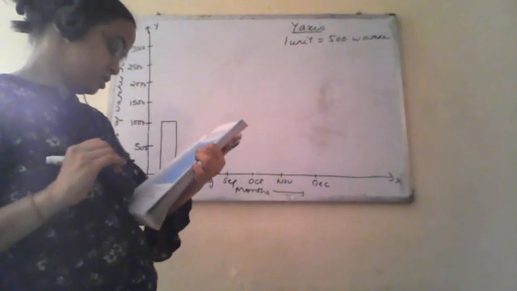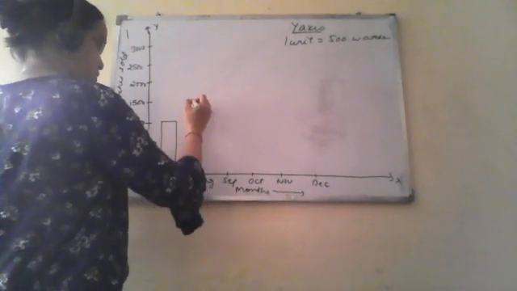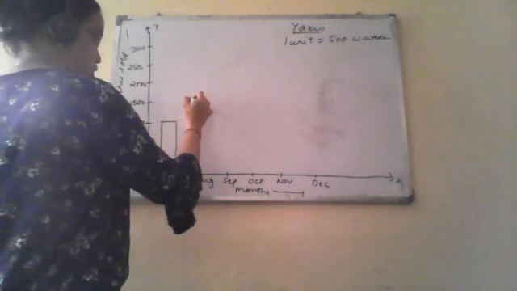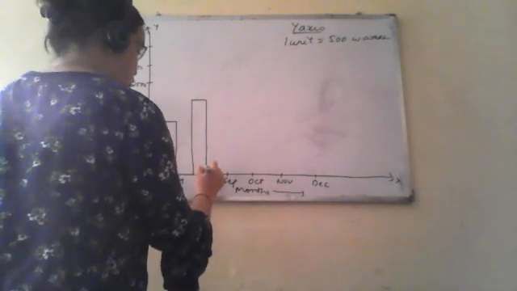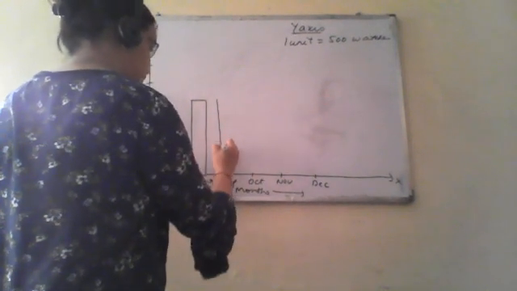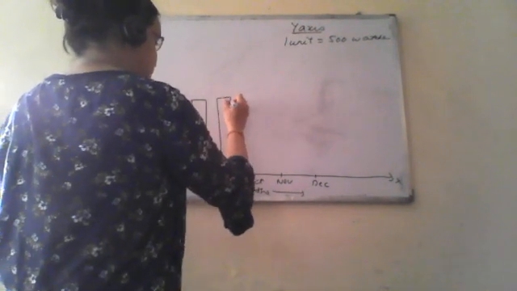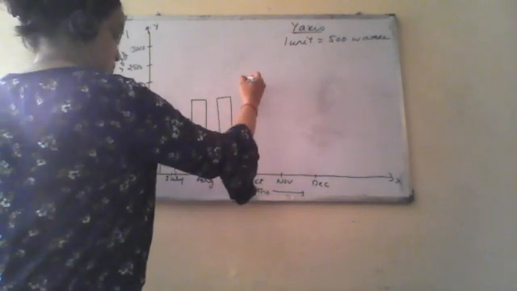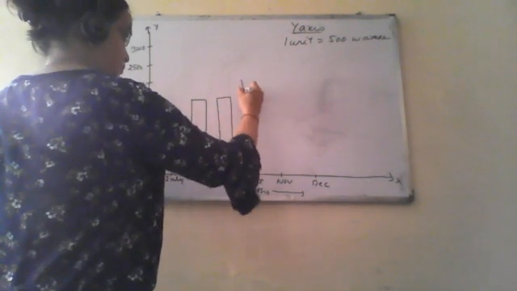In July we have 1000, so we will plot this way. In August we have 1500, so we will plot corresponding to 1500 in the month of August. September again has 1500. In October we have 2000, so it will be slightly above 1500.